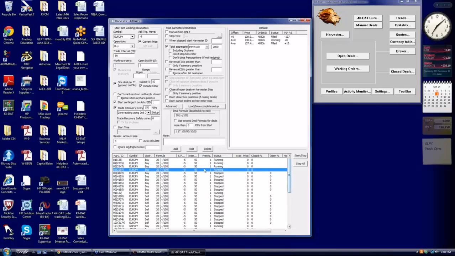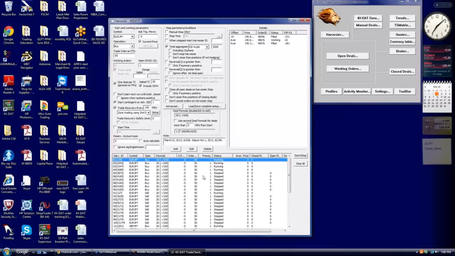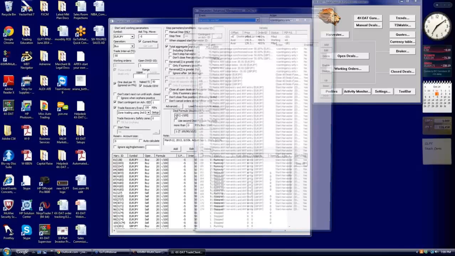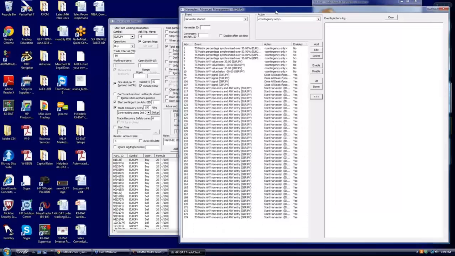Each algorithm also has its own trade recovery logic or trade recovery protocol, and these are deployed when the market conditions warrant it, and are being run or managed by the advanced management, and the events and actions set up in the advanced management window.